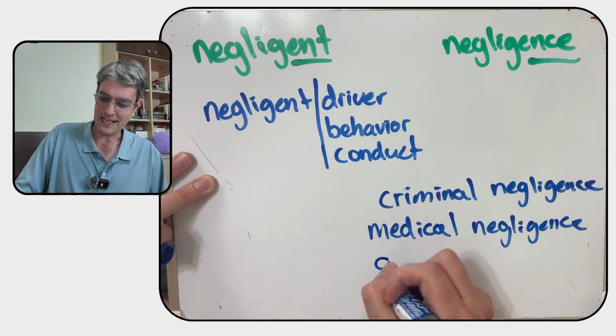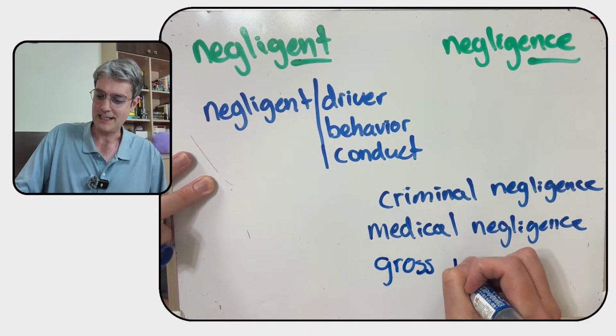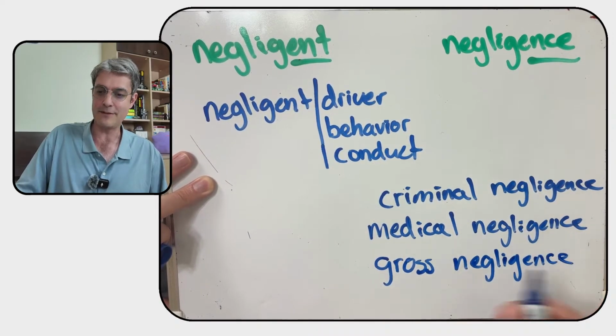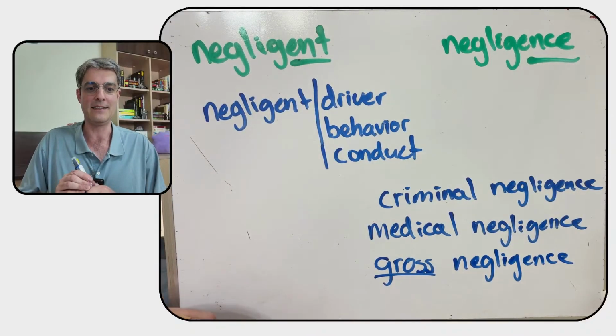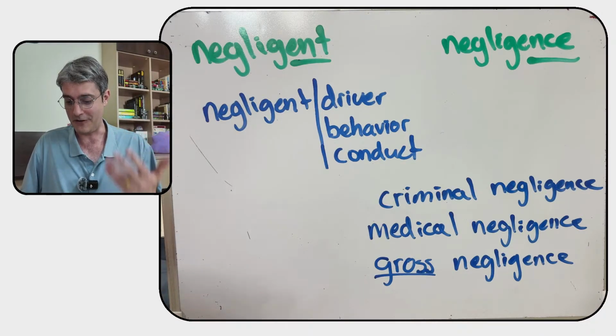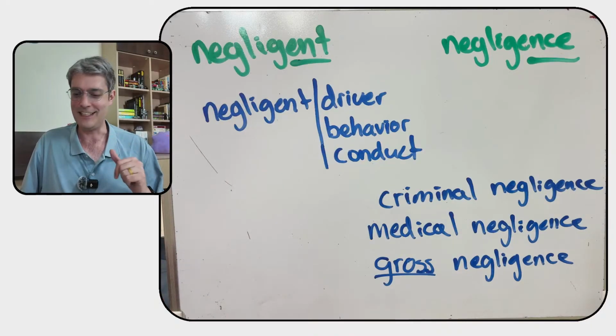And then our next one is gross negligence. And we usually think of gross as being a synonym for disgusting, right? That's so gross. But in this case, gross means very obvious and unacceptable. So very obvious and unacceptable negligence.